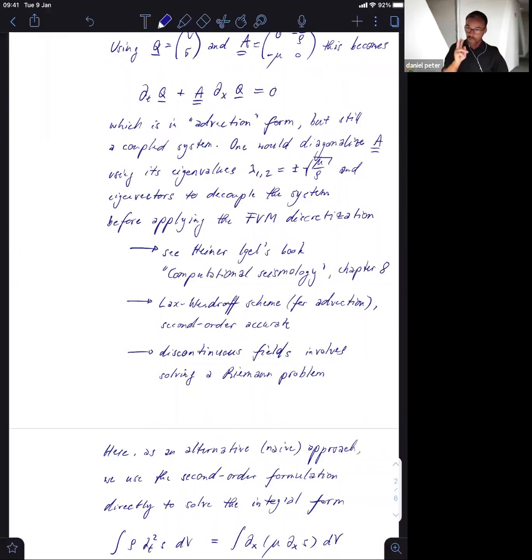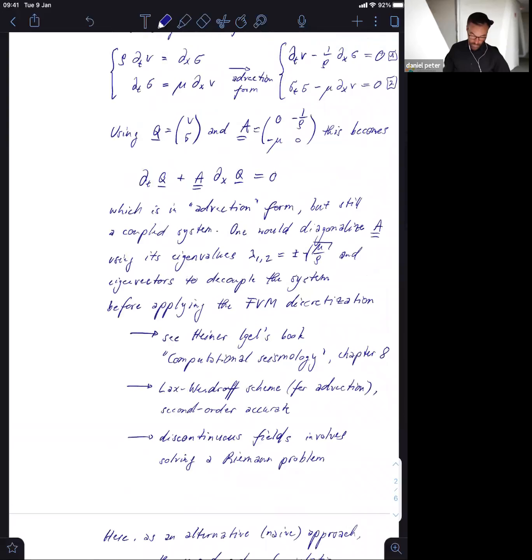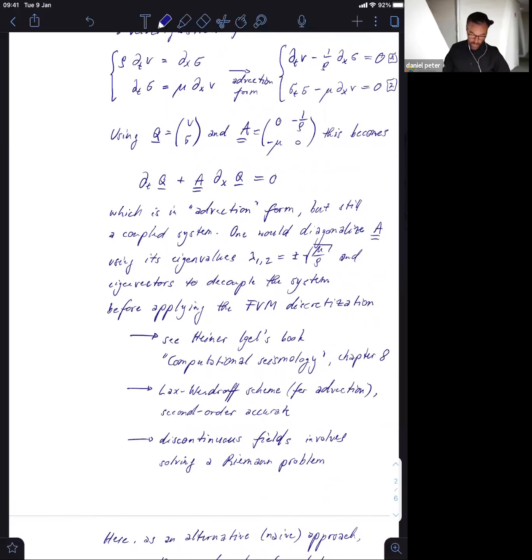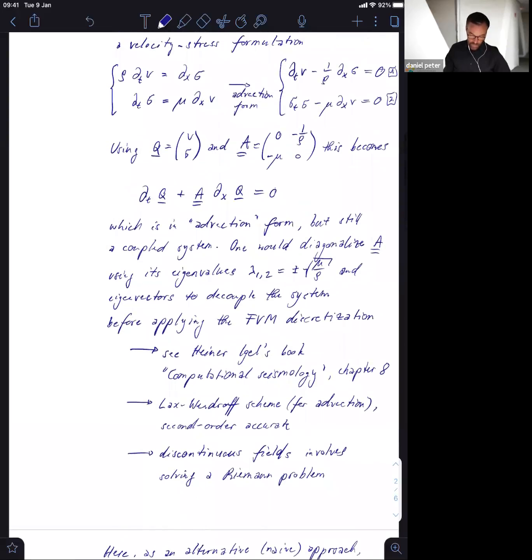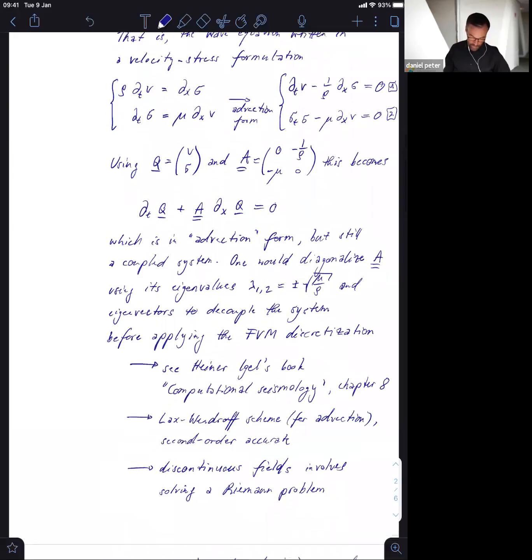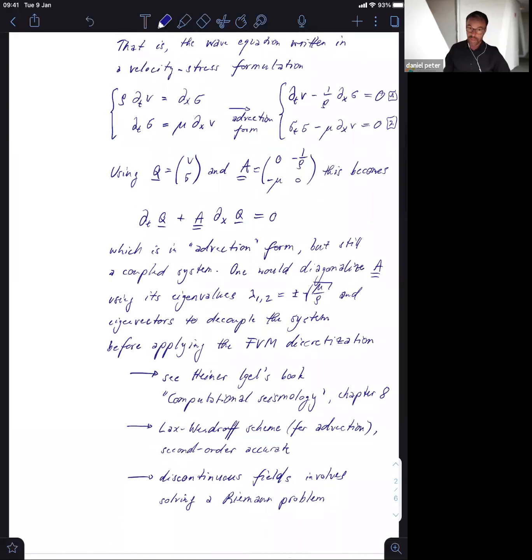There are two points which you have to be careful about. One is that advection problems should be decoupled, whereas if you write down the wave equation, it's a coupled system.